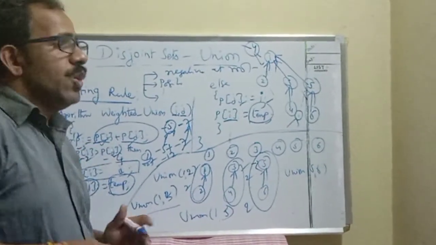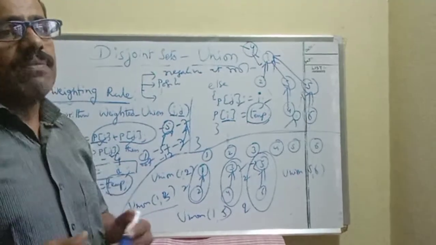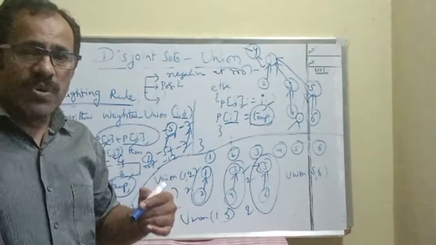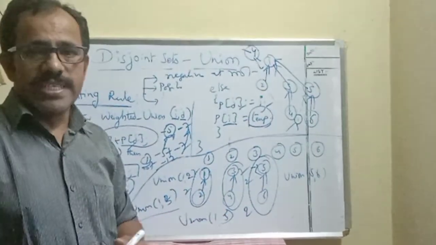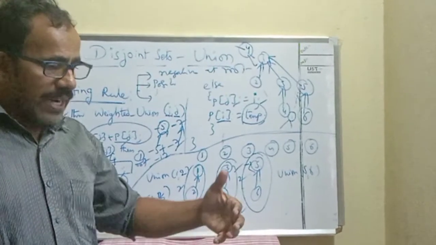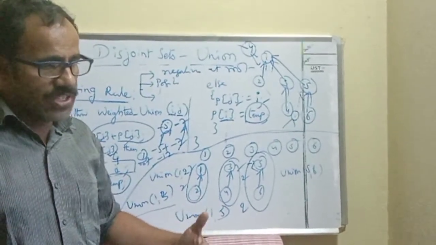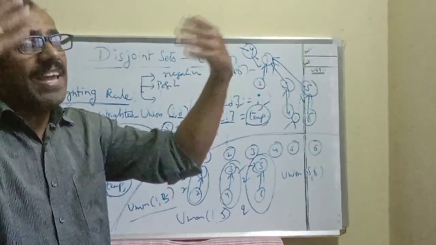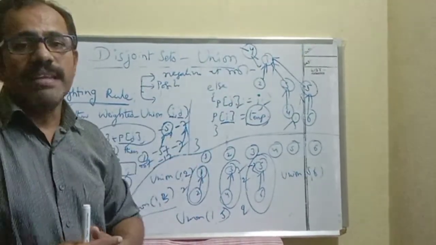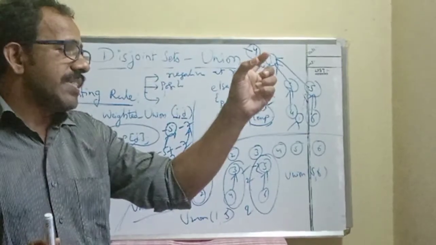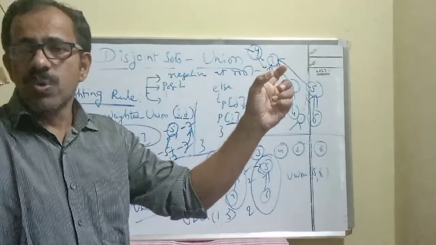So what does union say? Find the number of nodes in the first tree and the number of nodes in the second tree, also in the subtrees. Assign subtree root node values a positive number. Assign main tree root node values a negative number. Compare the first tree root node's negative number and the second tree root node's negative number.